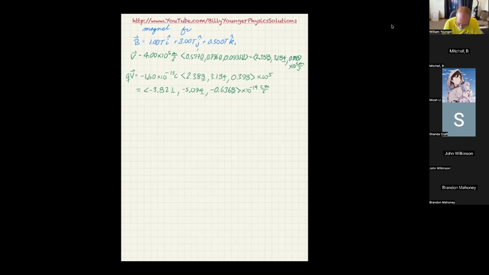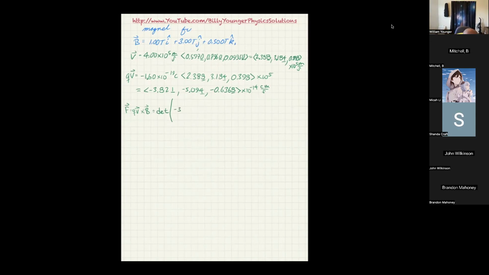So what we now need to do is calculate F, which is QV cross B. The way we do it is we take a determinant of a matrix, and the QV is the actual second vector. So I'm going to write that down because that defines how big the spaces need to be.